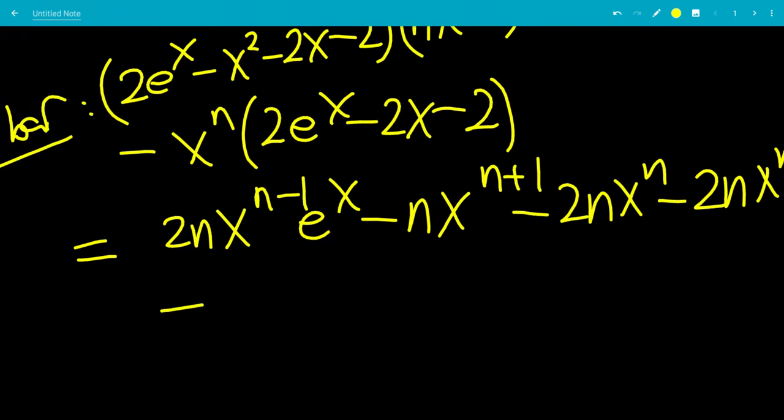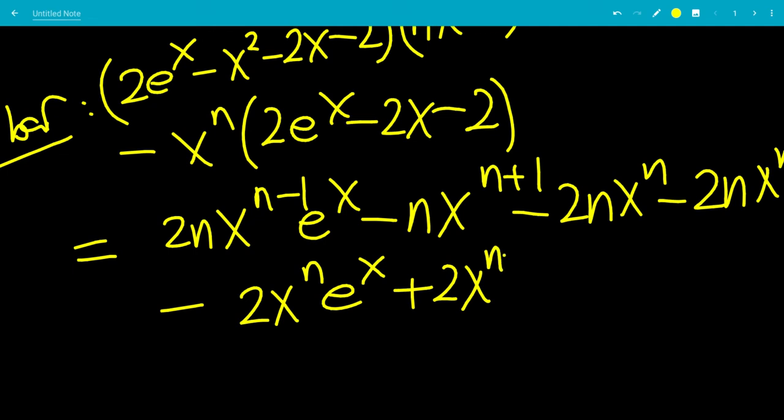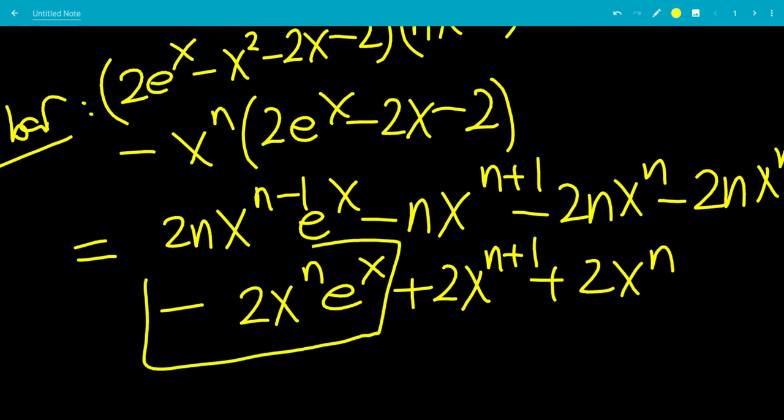The second part, we're going to have 2x to the n times e to the x, so minus will be plus 2x to the n plus 1, because x times x to the n is x to the n plus 1, and then plus 2x to the n. Okay, good. So we have a minus 2x to the n times e to the x.